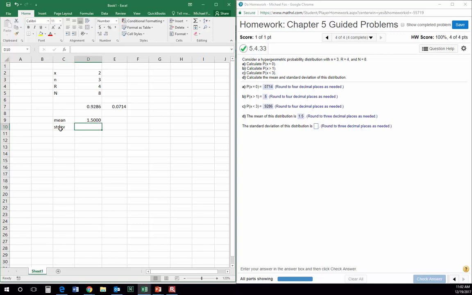So the formula for the standard deviation is the square root of little n times big R times big N minus big R. And then all of this, so I'm actually going to have to put another set of parentheses in there, all of this divided by big N squared.